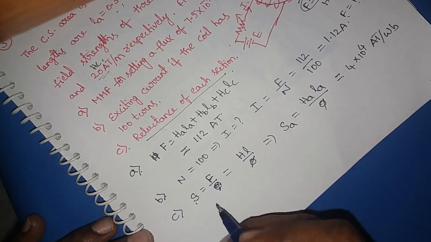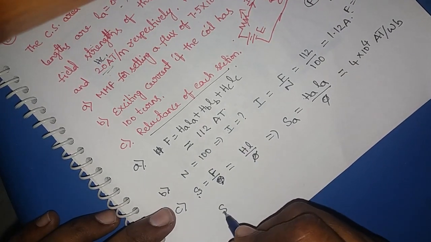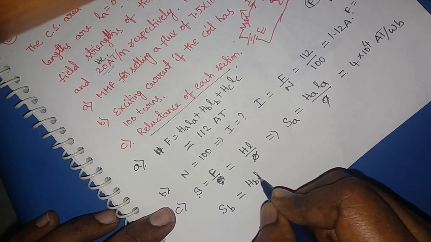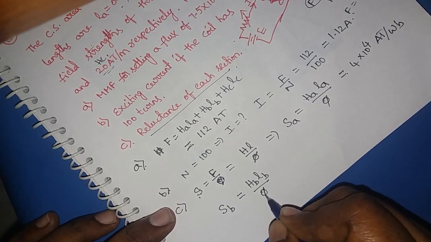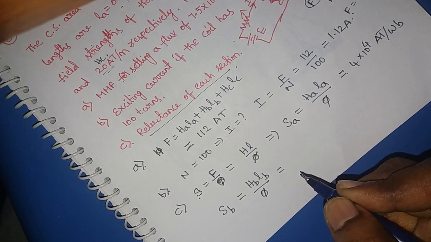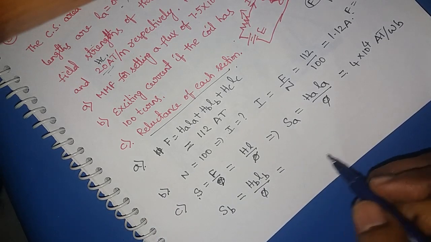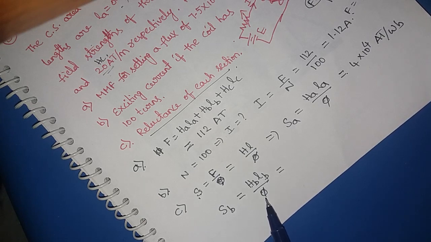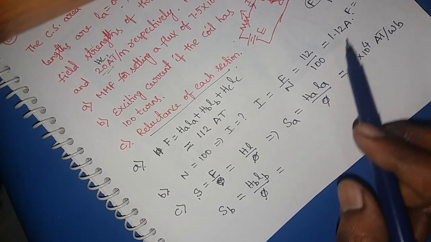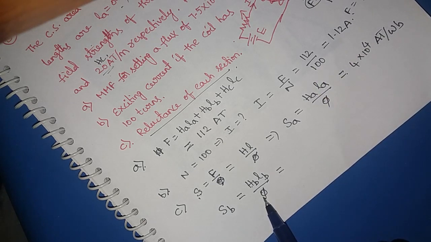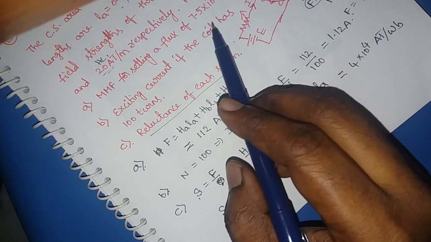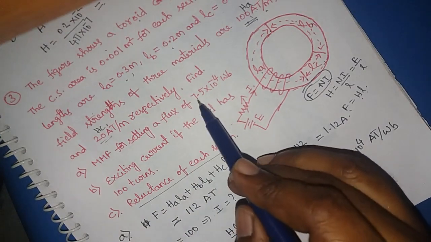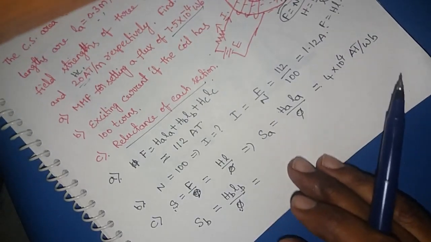And similarly, what is SB? SB is equal to HB LB by phi. You have the value of HB, the value of LB, and phi is constant, the same 7.5 into 10 power minus 4 for all sections.